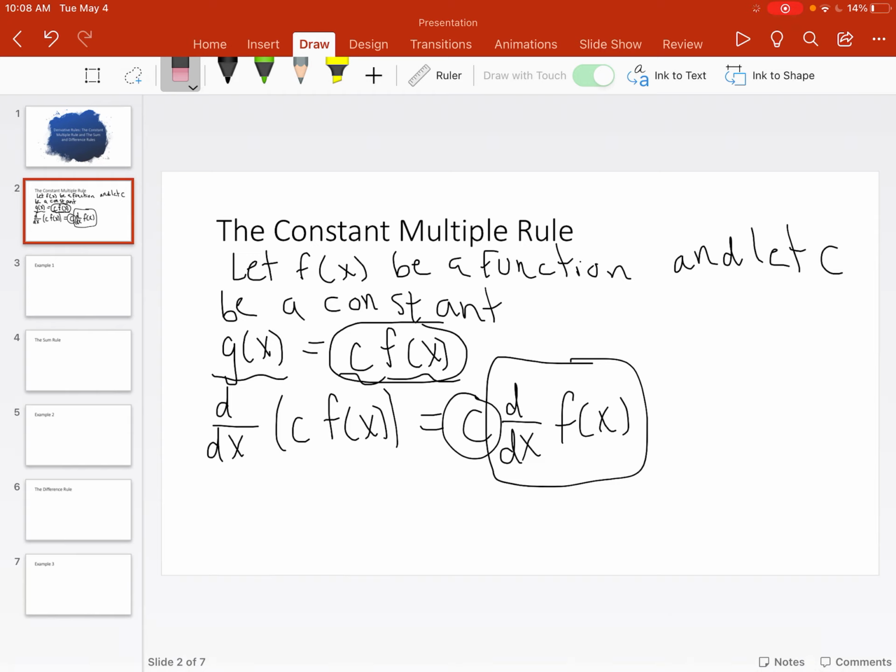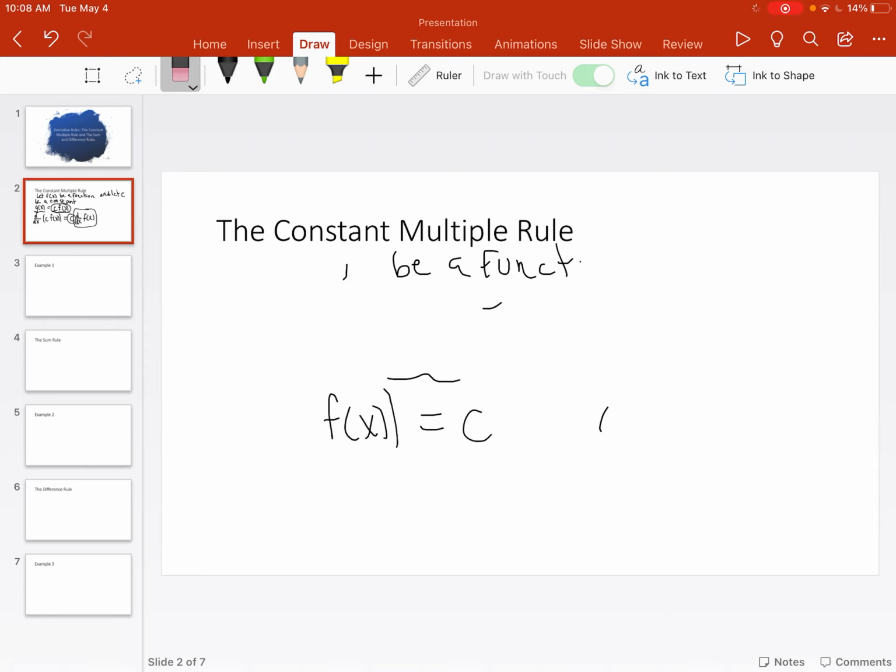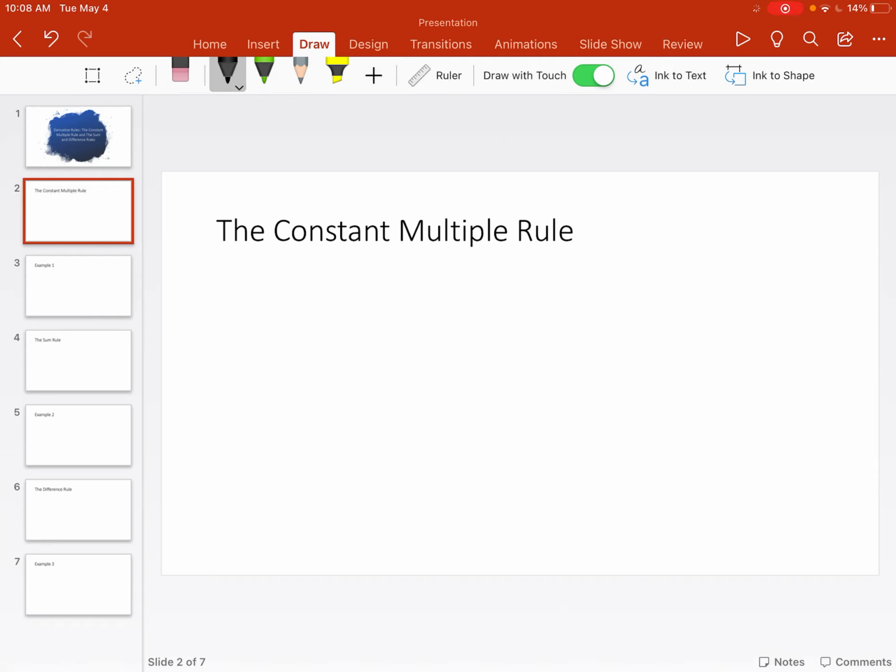So I'm going to do a little proof using the limit definition of the derivative, so you can get a better sense of where it came from. I'm going to erase all this, and bring back that g of x, because we're going to need that. So g of x is equal to c, some constant, times f of x.